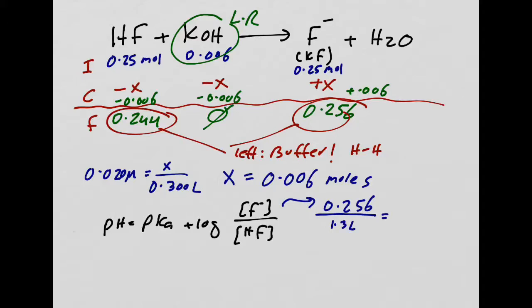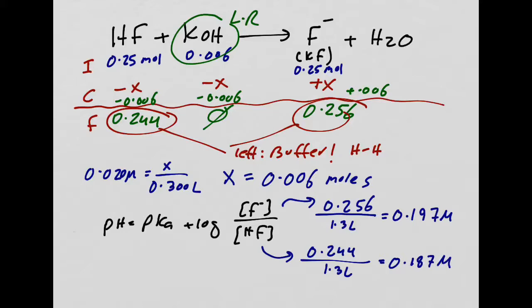So I end up getting 0.197 molar. For hydrofluoric acid, I have 0.244 moles left in the 1.3 liter final volume, and what I end up getting is 0.187 molar. So far so good.